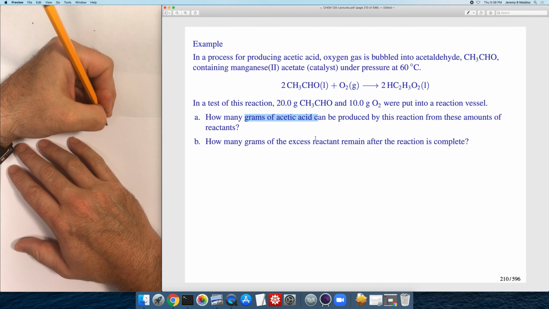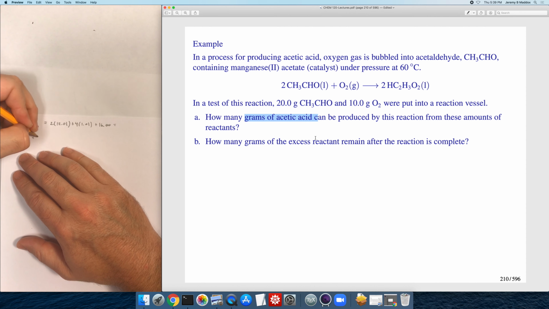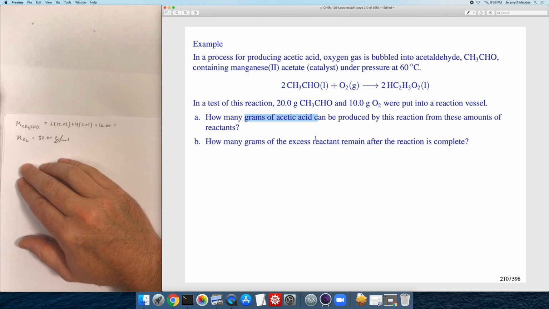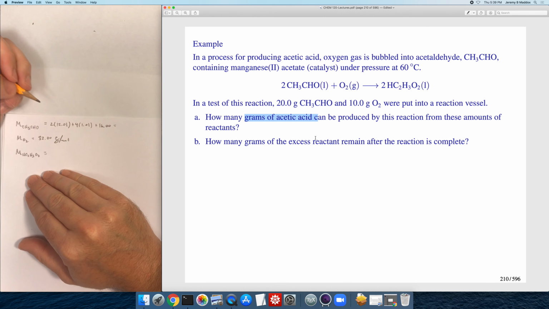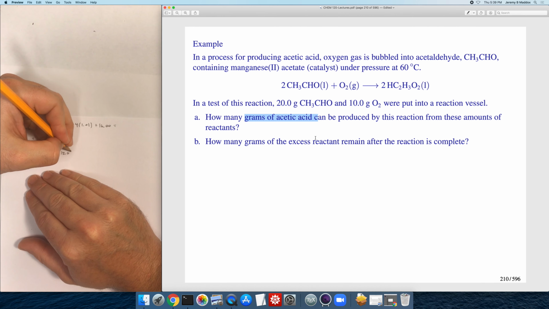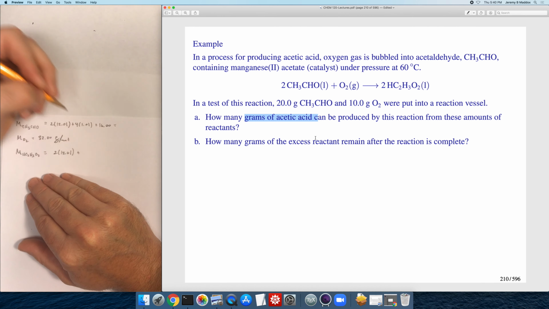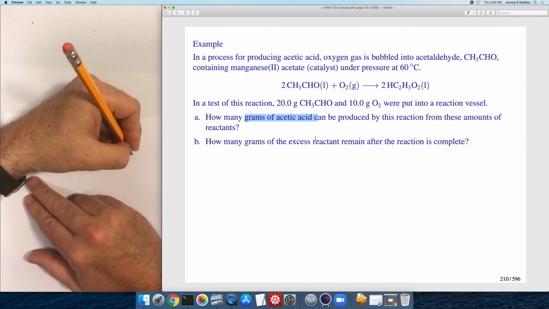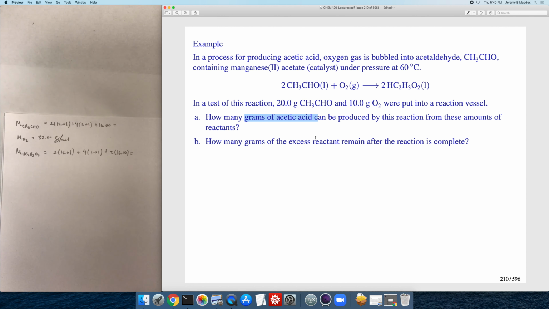We also need to do the oxygen, which is just going to be 32 grams per mole. And we're going to need the acetic acid. So that's going to be 2 times 12.01 plus 4 times 1.01 plus 2 times 16. We'll get those numbers.